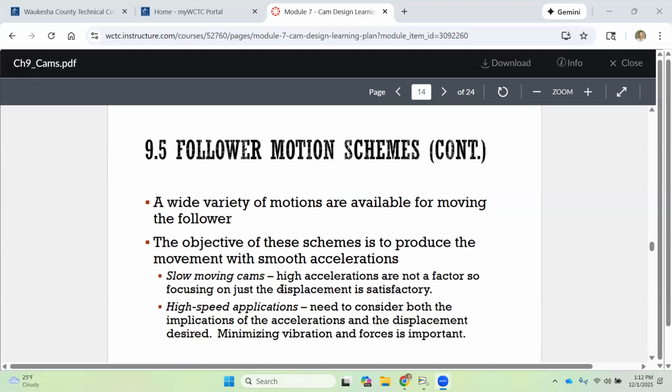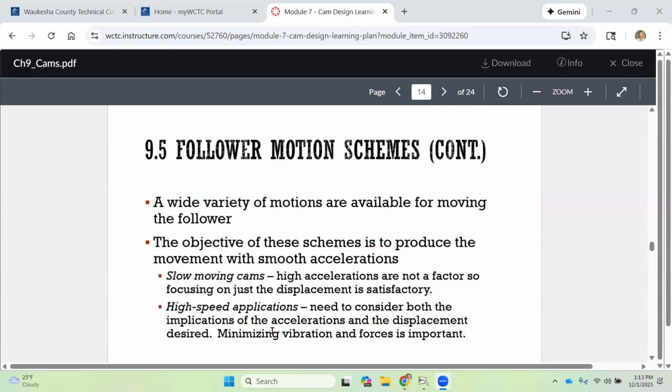If we have a slow moving cam, it can take higher accelerations because there's not going to be that opportunity for the follower to become disengaged from the cam profile. Also, there's less chance for jams or things going awry. So if it's slow moving, pretty much any one of these motions can be used on the cam.